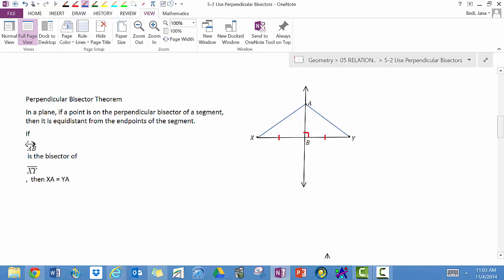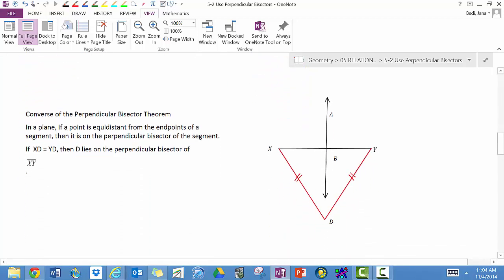So if segment AB here is the bisector of segment XY, so XY is being bisected, then we are saying that XA is equal to YA, or that means that these will also be congruent. So any point on the perpendicular bisector is equidistant from the endpoints. Endpoints here are X and Y.